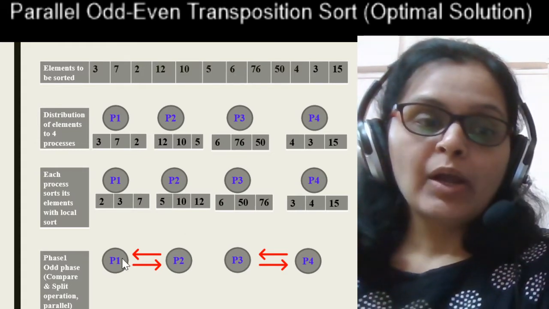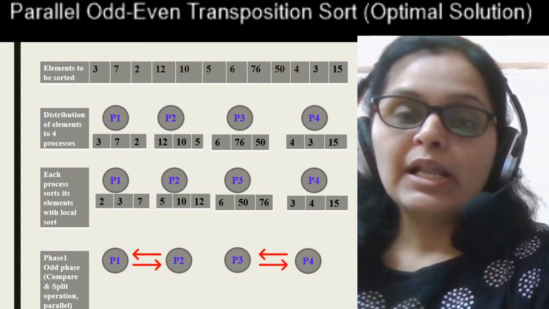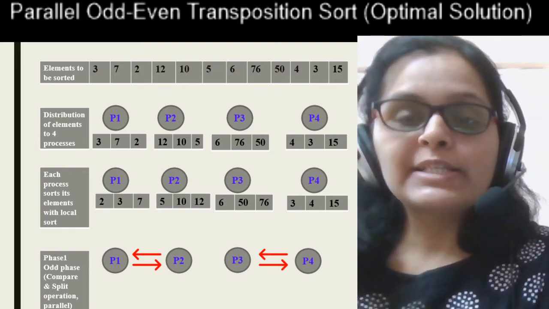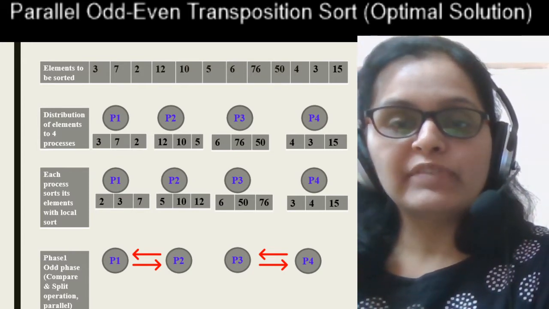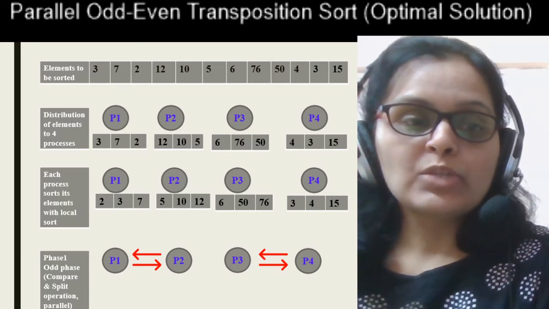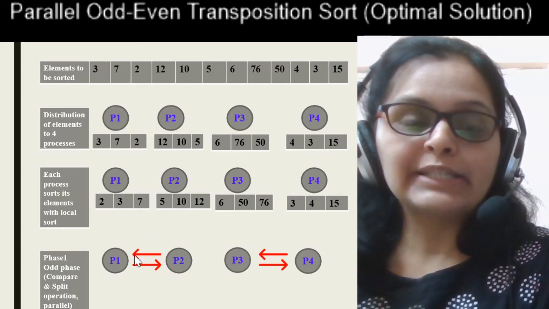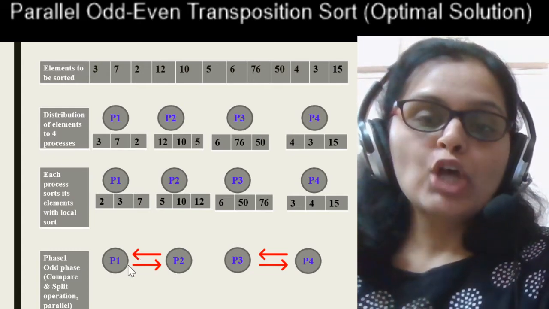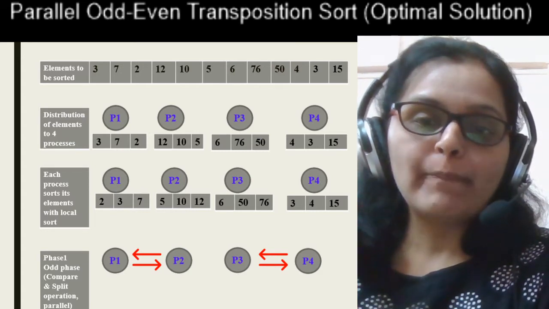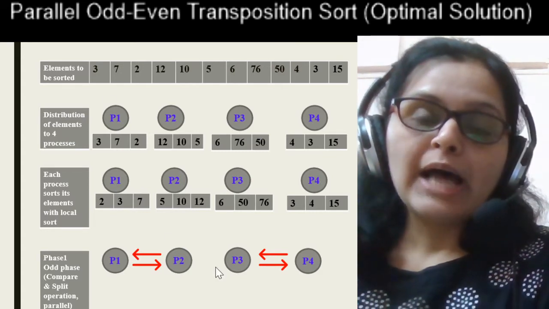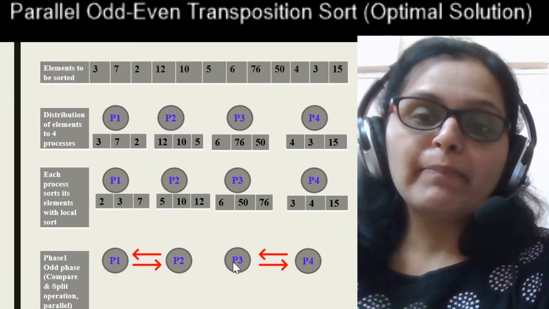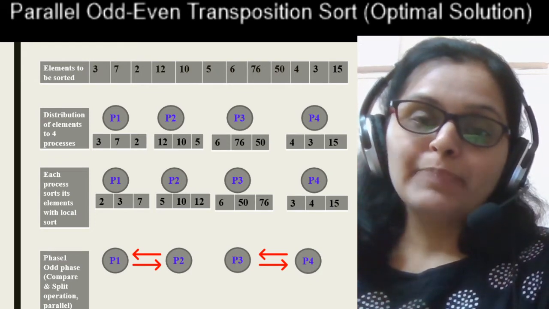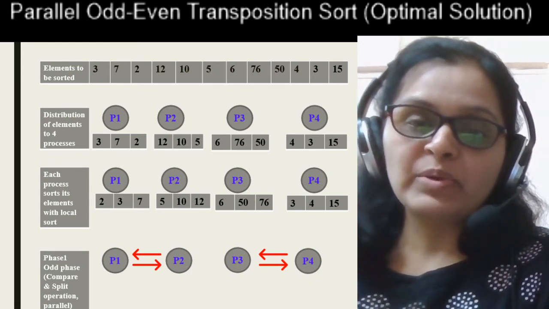So the processes with odd labels will start the compare and split operation with their immediate neighbor, which I have shown here by these arrows. So P1 is the first process in the odd series. So P1 will do the compare and split operation with P2. Simultaneously, P3 will do the compare and split operation with P4. Why? Because P3 is the next odd process in the series.